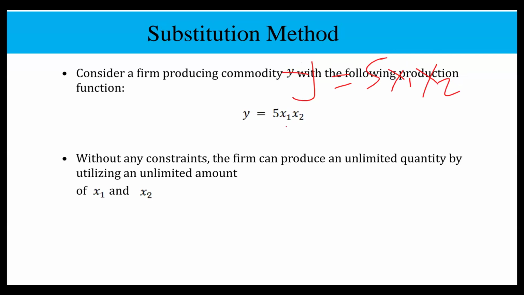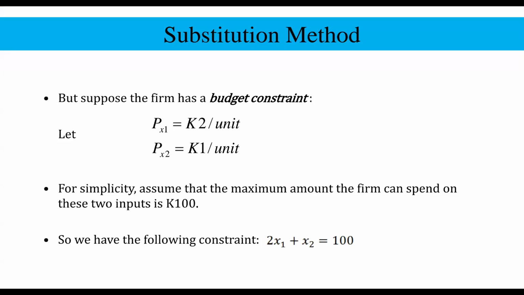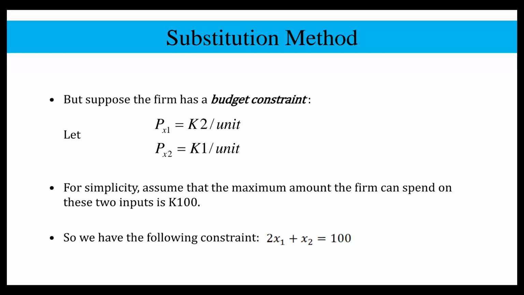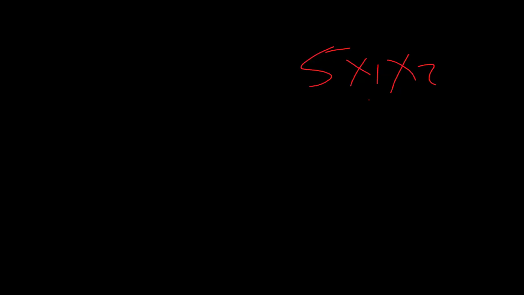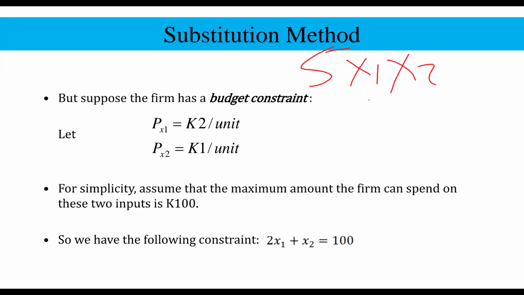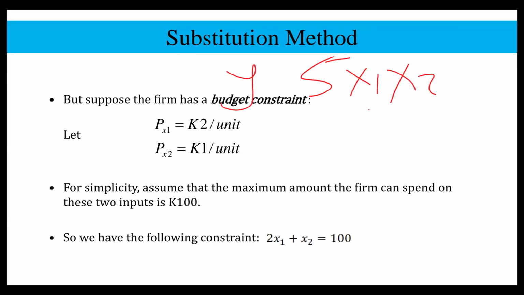But when we come to constrained optimization, the conversation changes a little. Now we have a constraint, our budget constraint. The original function we had was 5x1x2. This is the objective function, the function that we're trying to optimize, and it is subject to a constraint.